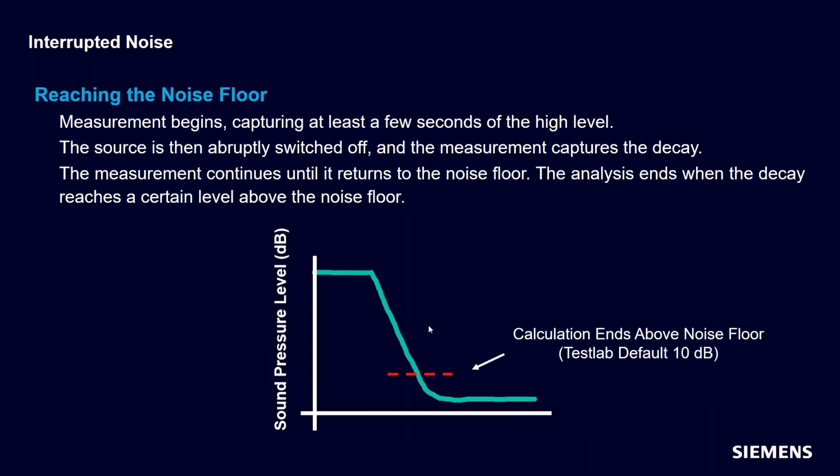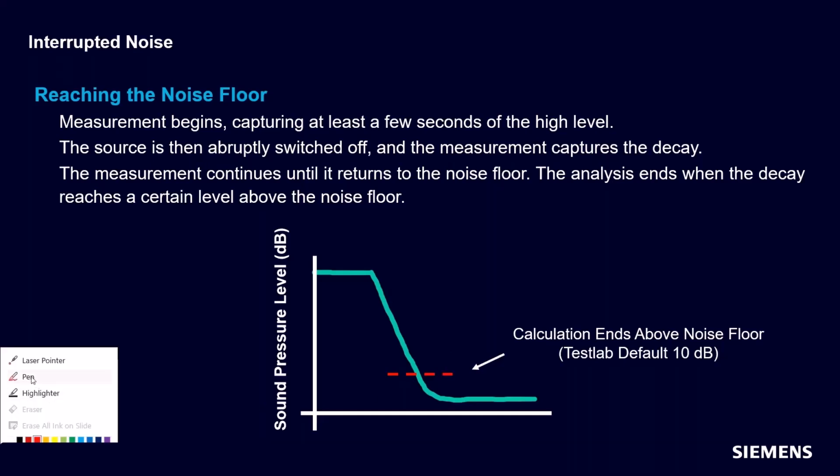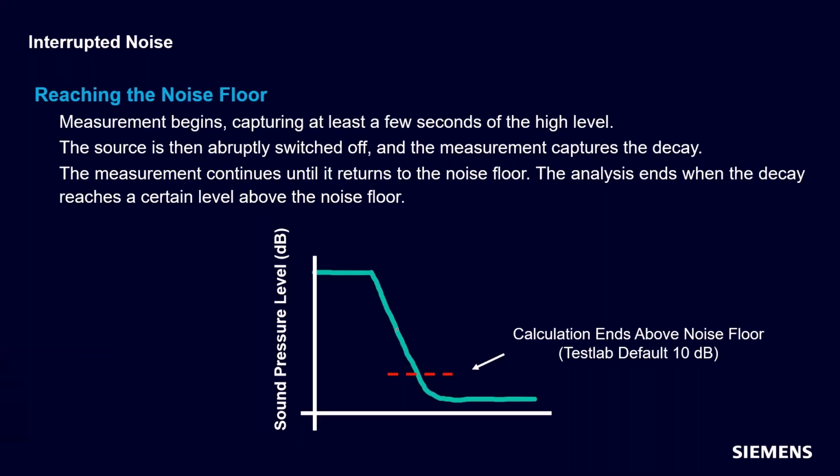Oftentimes, there might be a room mode, for example, and so you might see, we'll see how good I am at drawing here, you might see a little hook or ringing, something like that, at the tail end of your noise floor measurement. Oftentimes, when this is decaying, there might be a little hook up or knee up, and then it continues to go back down. In practice, there's often noise on our data.